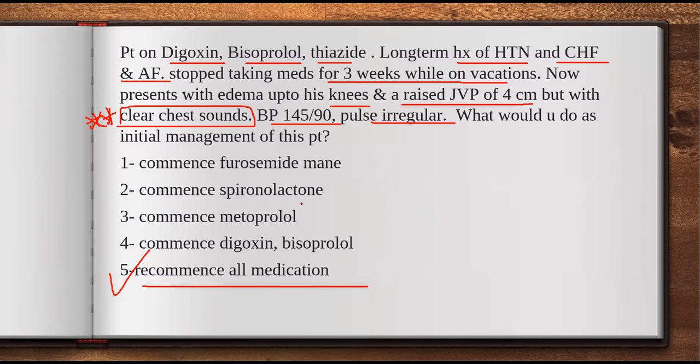The point of this question is that if the patient does not have pulmonary edema or shortness of breath, you don't need to start diuretics. You can recommence all the medication. If pulmonary edema is there and the patient is not on any diuretics, you need to start the patient with diuretics.